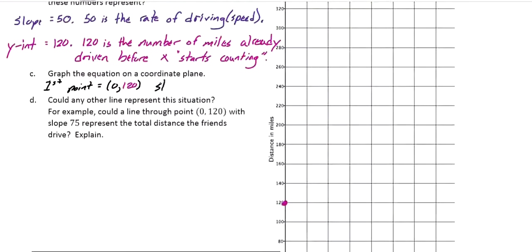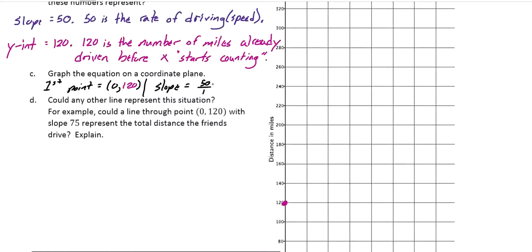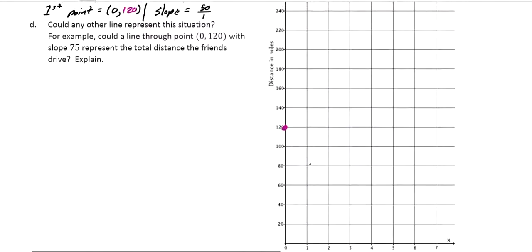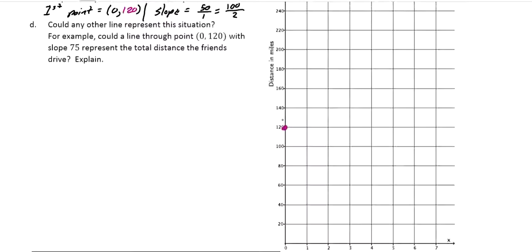Our next point is found by using the slope. Slope is going to equal 50 over 1. Again, slope is 50, so our rise over run is 50 over 1. They are counting by 20s on the graph. We can see how it goes 0 to 20 to 40 to 60. So I want to think of it like this: slope is also equal to 100 over 2. The reason I chose 100 is because it's easy for me to see how to go up 100.